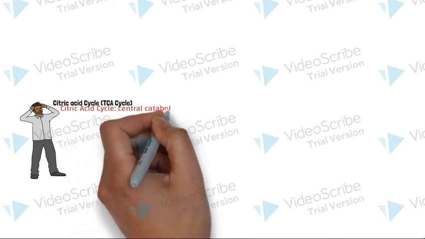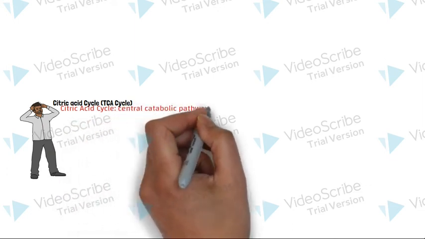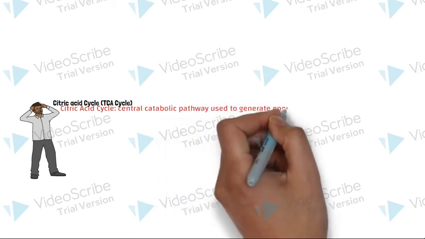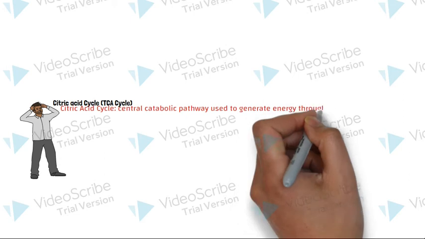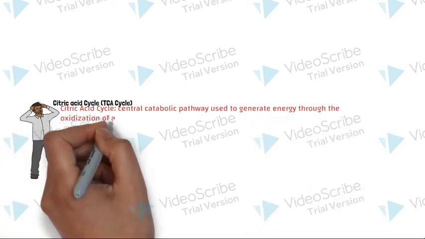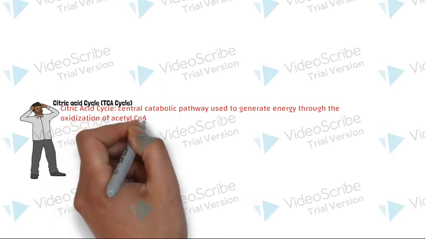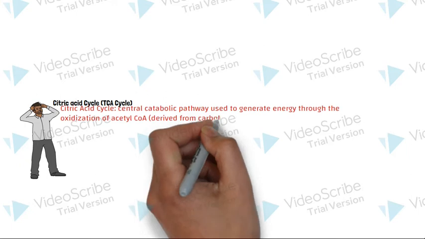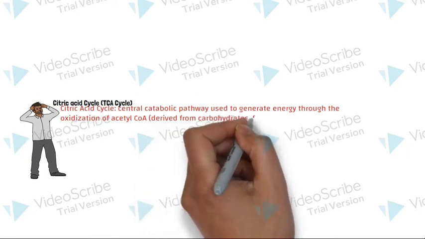tricarboxylic acid cycle. Okay. Now the citric acid cycle is just a central catabolic pathway. We are going to use that for generating energy. This is used primarily by oxidation of acetyl-CoA, where it is derived from carbohydrates, fats, and proteins.